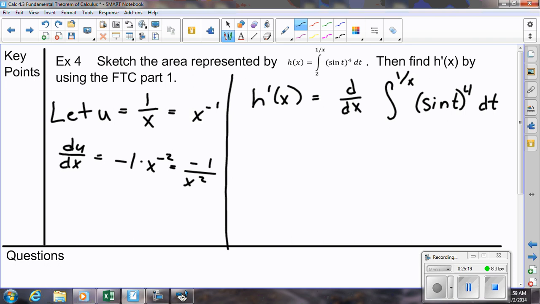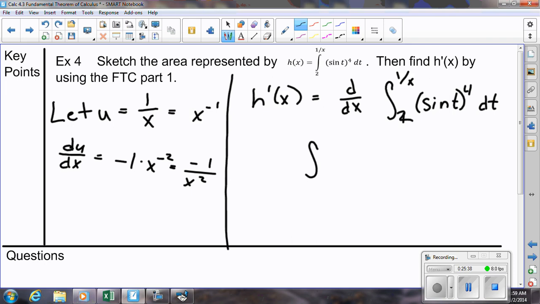But since the fundamental theorem of calculus only works if this is a variable and not a function of some other variable, we're making a change. Note this is going from a 2.